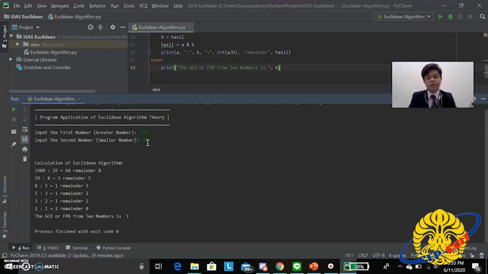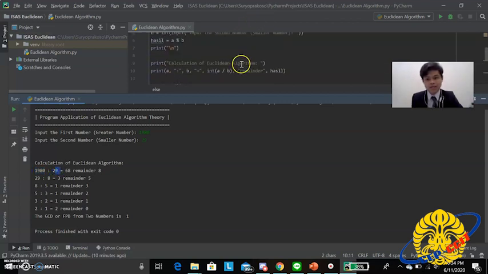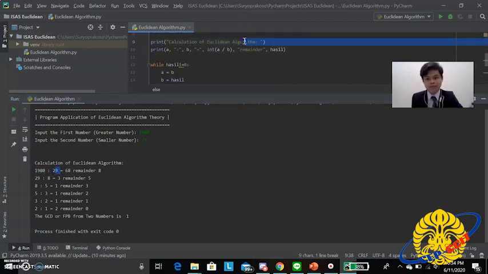After you enter the numbers, the program will calculate it. Okay, let's see. This is the a variable divided by b, equals the result of a divided by b, and it has a remainder 8, which is the variable hasil.